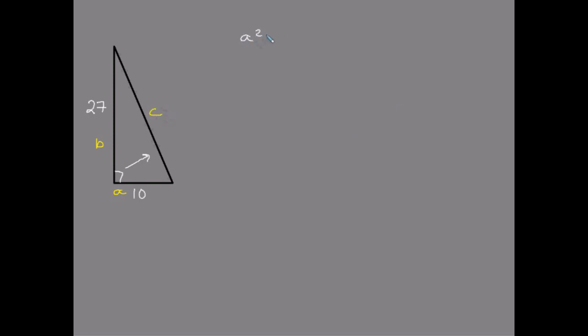So I have A squared plus B squared is equal to C squared. 10 squared plus 27 squared is equal to C squared. 100 plus 27 squared, which is 729, is equal to C squared. So that's 829 is equal to C squared.